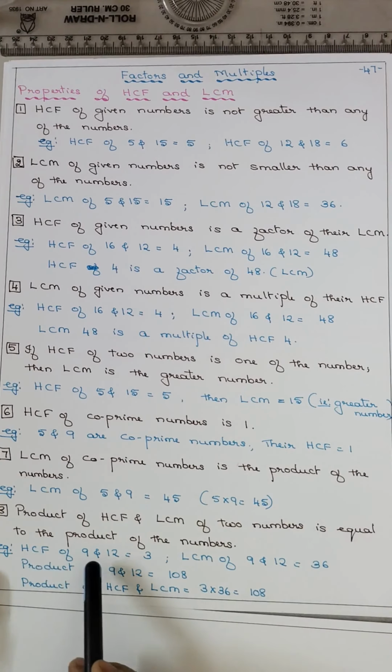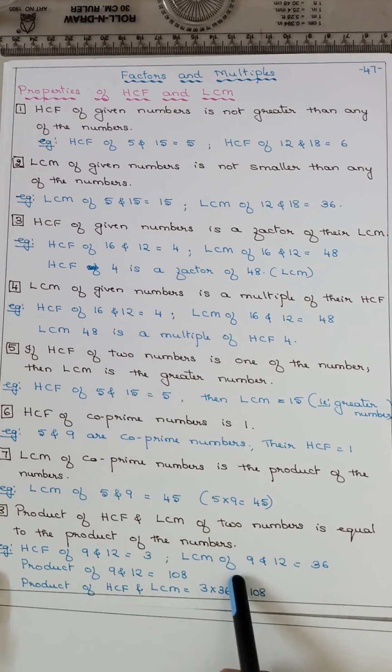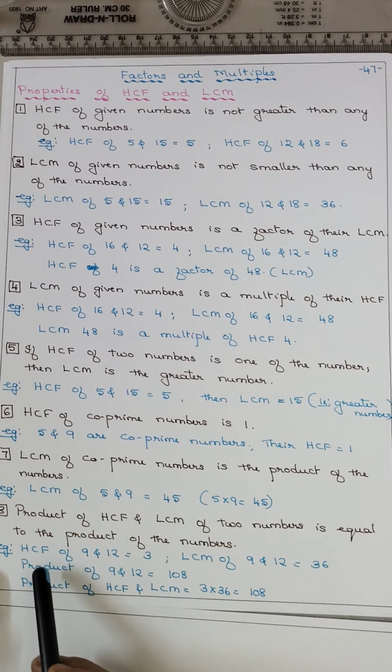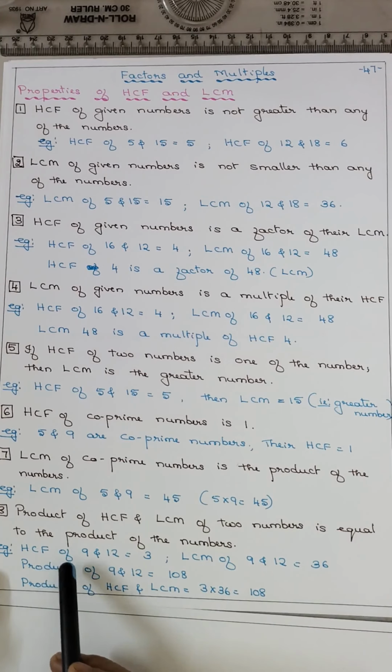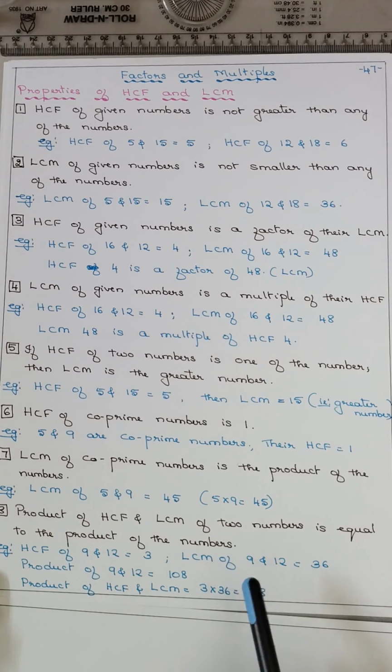So HCF of 9 and 12 is 3 and LCM of 9 and 12 is 36. Now the product of HCF and LCM and the product of the two given numbers will be equal.